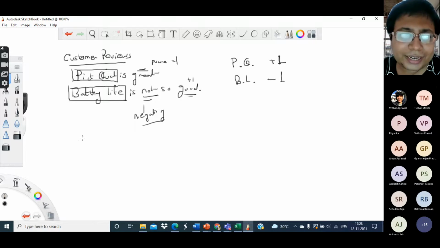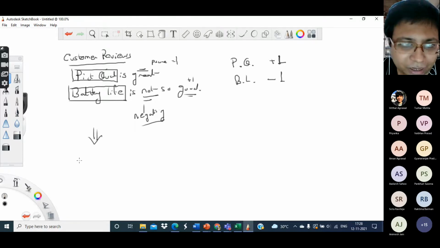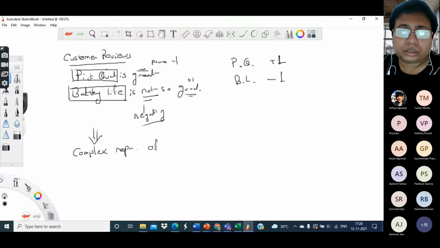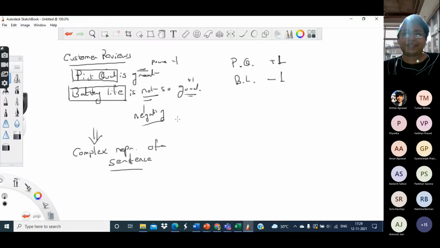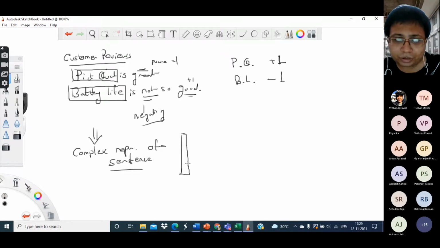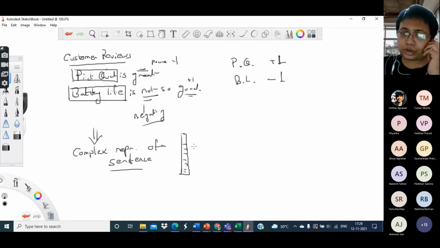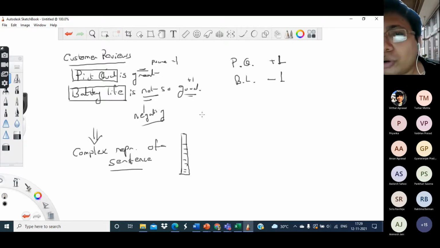So what is really needed is a more complex representation of a sentence. If we can somehow represent a sentence as a vector, suppose the sentence somehow became a vector like this, then what you could do is train a machine learning algorithm.